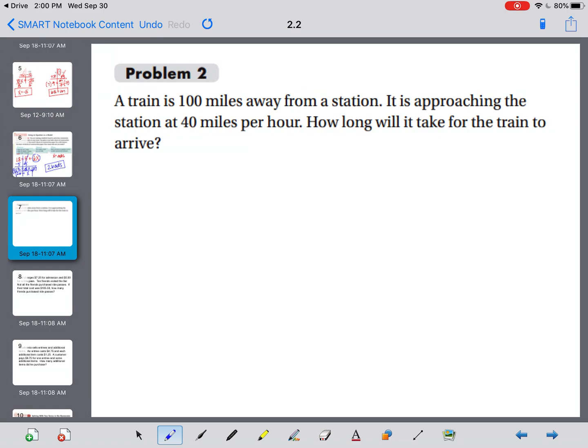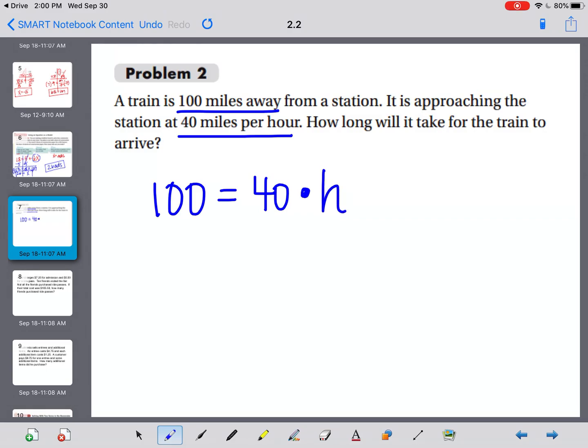Problem 2 asks you about a train that is 100 miles away from a station. It's approaching the station at 40 miles per hour. How long will it take for the train to arrive? This one is only a one-step equation, but we have to be able to write it before we can solve it. So 100 miles is how far it has to go total. It's traveling 40 miles per hour.